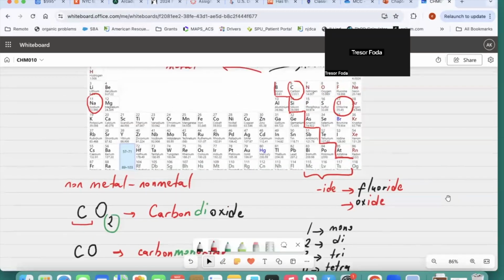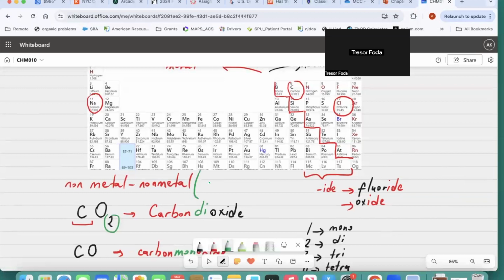and by the way, I forgot to tell you, if you have a non-metal to non-metal, what kind of bond do you think you have in this compound, carbon to oxygen? Is it covalent or ionic? We learned this in the previous lessons, if you can remember. Non-metals share electrons.